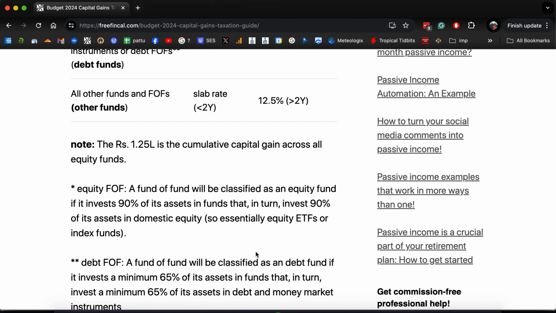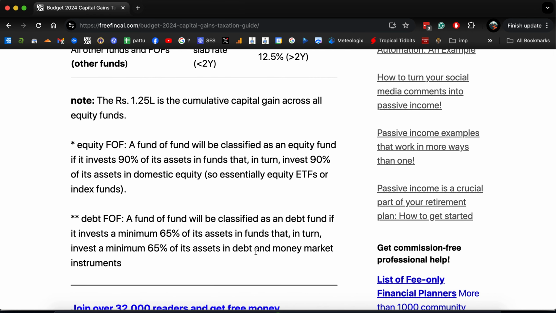I hope that is clear. That's only possible if the underlying funds, that is the funds inside the fund of fund, hold 90% equity, and they have to be equity index ETFs or index funds.